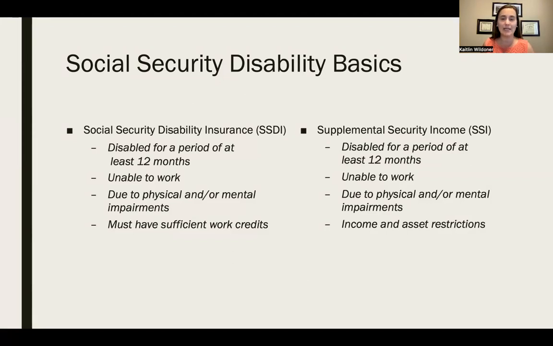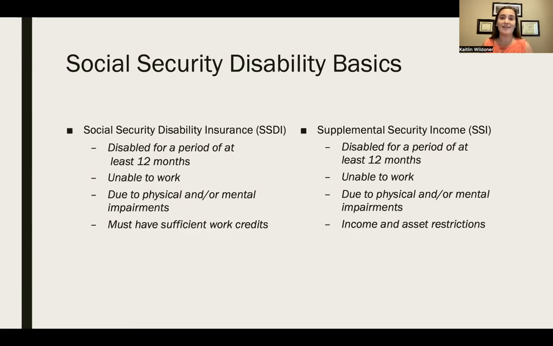As soon as you realize that you are going to be disabled, and you're not going to be able to return to work in the next 12 months, apply. What I always tell clients is, look, best case scenario, you go back to work after 6 months or 8 months, and you do a great job and you're feeling better, then you can go ahead and withdraw your Social Security application. But you want to get it in sooner rather than later. In some circumstances, Social Security will hold on to your application to see what's going to happen with it.